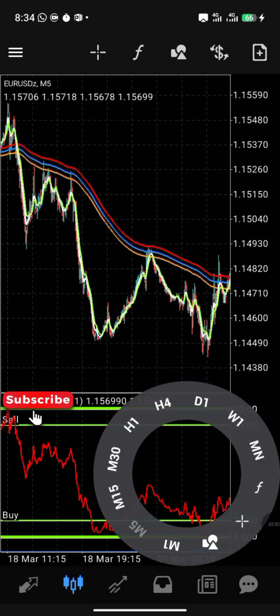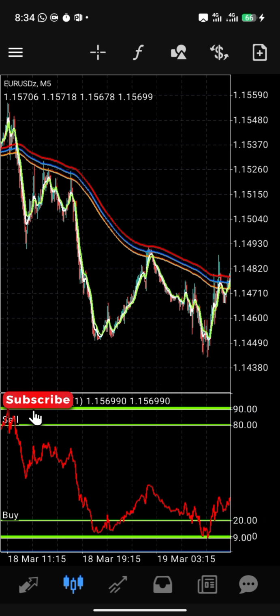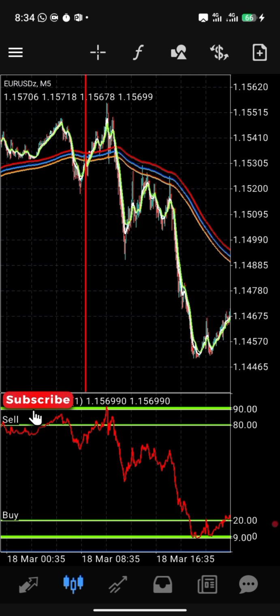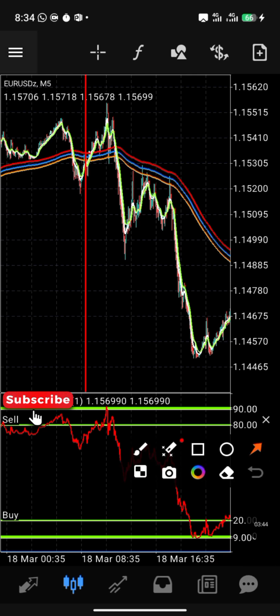So at this point, notice that price hit the 90 level. And this 90 level, you just don't sell immediately price hits the 90 level, right?